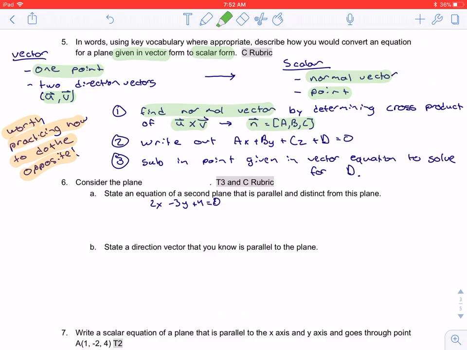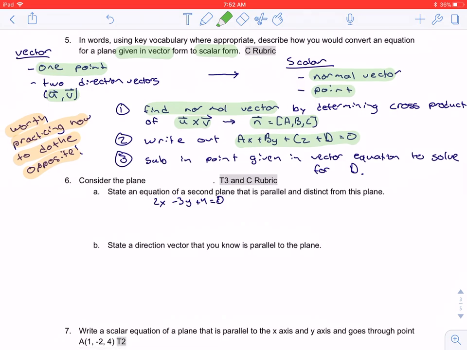Then we can write out our equation Ax plus By plus Cz plus D equals 0. Once we have that written out, we can take the point that's given in the vector equation and solve for D. Then we have our equation. So that would be how we would answer number 5.